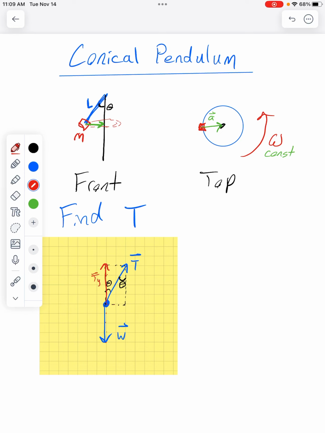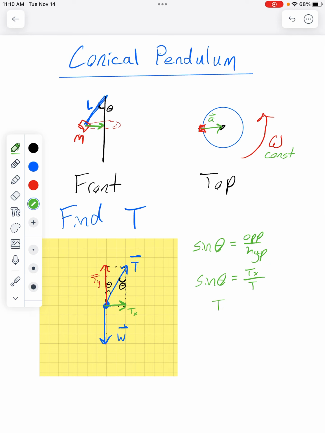There's the y component of the tension, and there is the x component of the tension. The hypotenuse is the tension. And so sine theta is the opposite, which is Tx, over the hypotenuse, which is the magnitude T. So if we want Tx, we have T times sine theta.